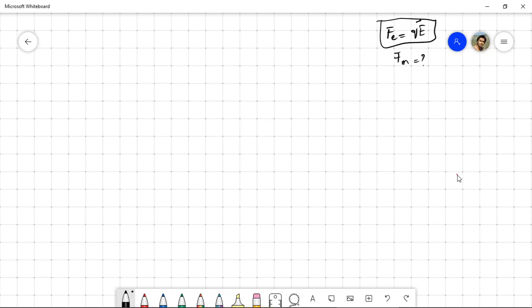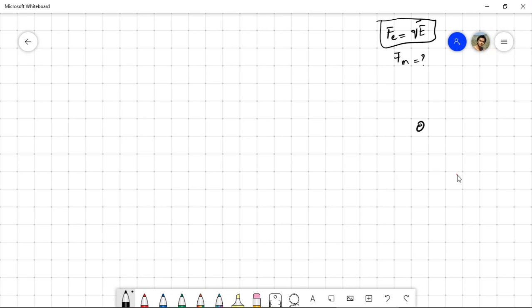The magnetic force is basically the force that is acting on a charge when that charge is moving and is under the influence of a magnetic field.